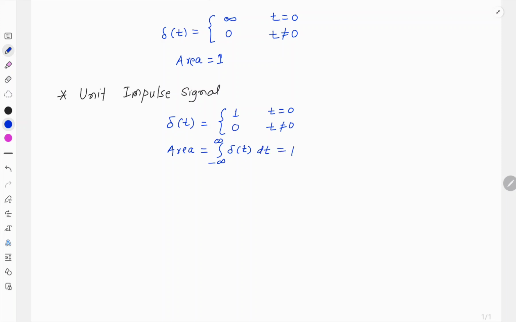So this completes the definition of impulse function, and it can be drawn as x-axis time, y-axis delta(t), and at origin we have a vertical line with arrow and with amplitude equal to 1. So this is the practical notation for unit impulse function. This representation is for continuous time domain, called CT signal.